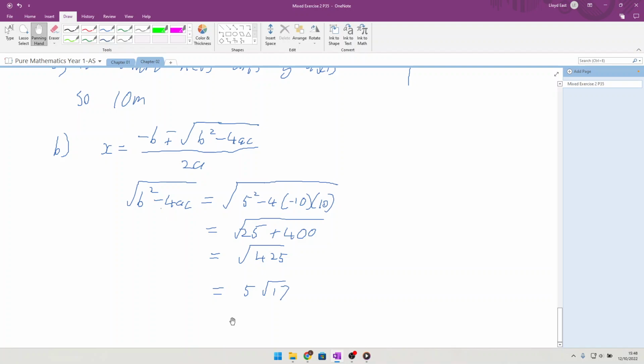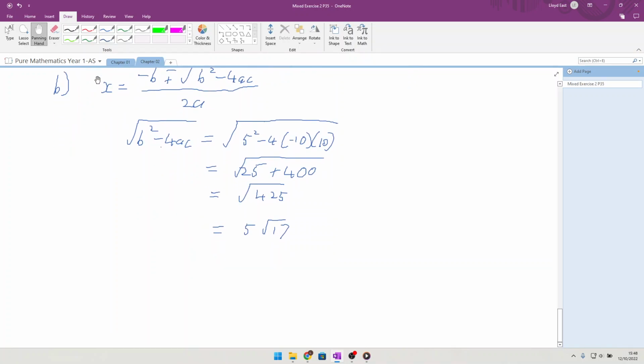And now we can put that into the rest of the equation. So we get x is equal to minus b, which was 5, plus 5 root 17 all over 2a, which was minus 10, 2 times minus 10, or minus 5 minus 5 root 17 all over 2 times minus 10.